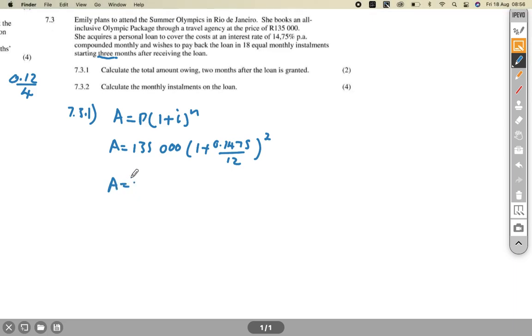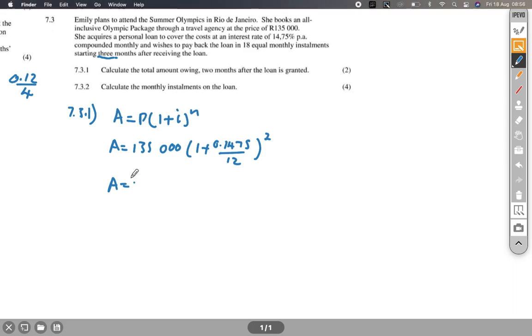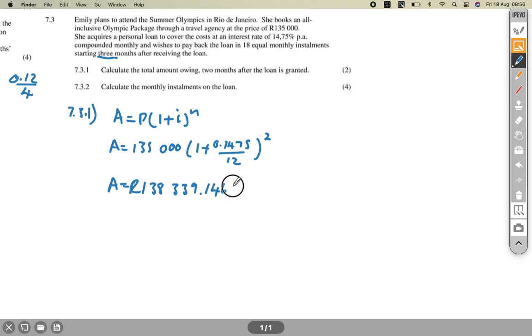So for this, we were going to get $138,339.1465.